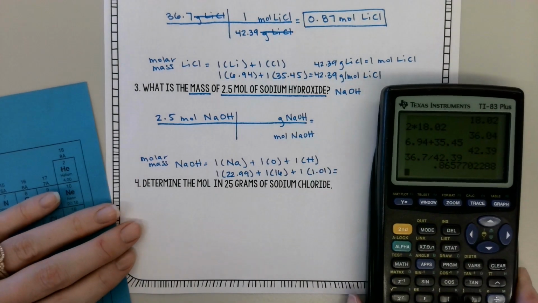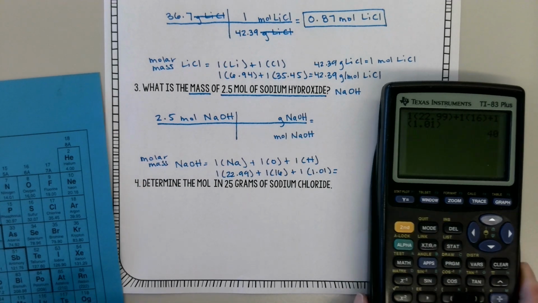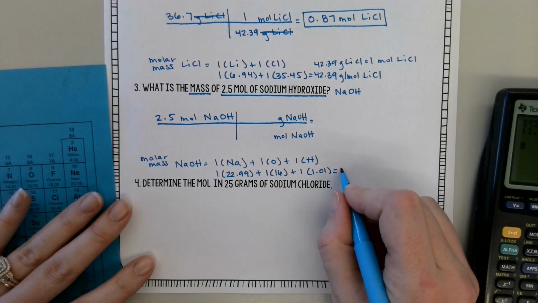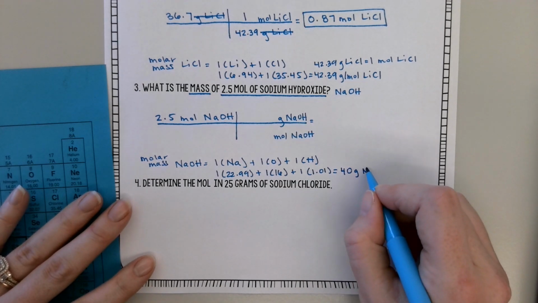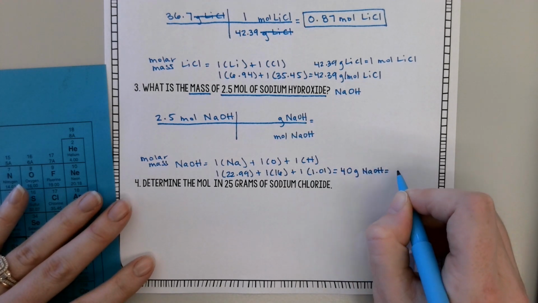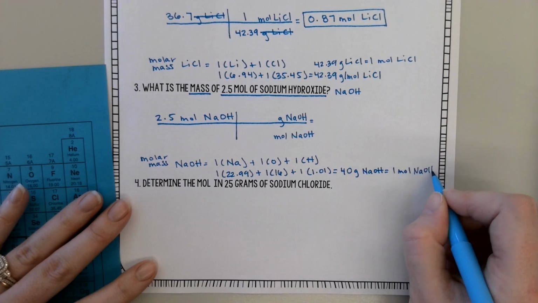And then we're going to add all those together. All right, and I am getting 40. So there are 40 grams of sodium hydroxide in 1 mole of sodium hydroxide.